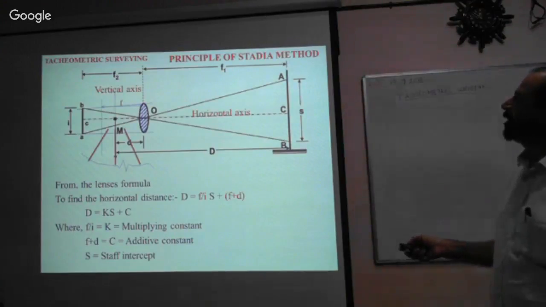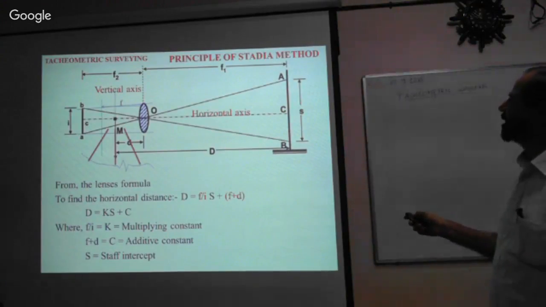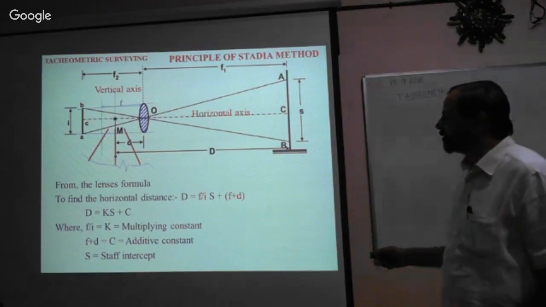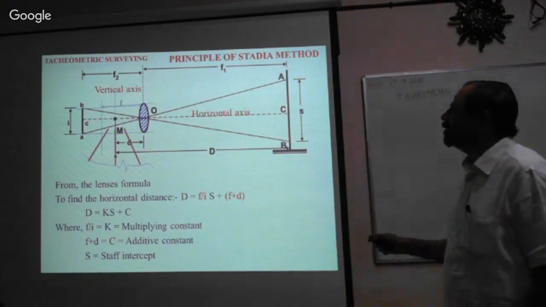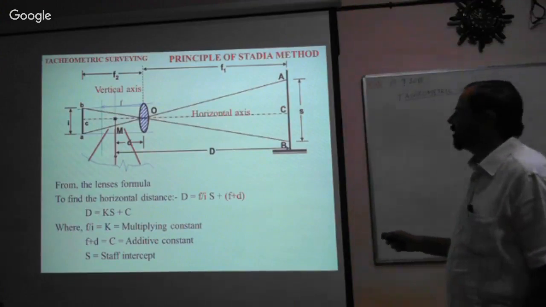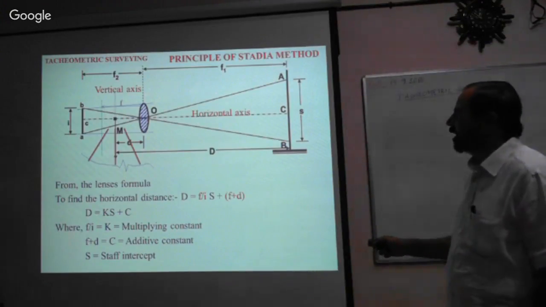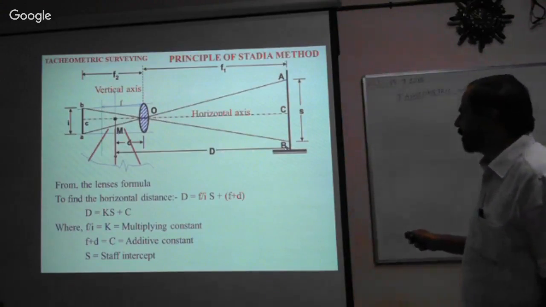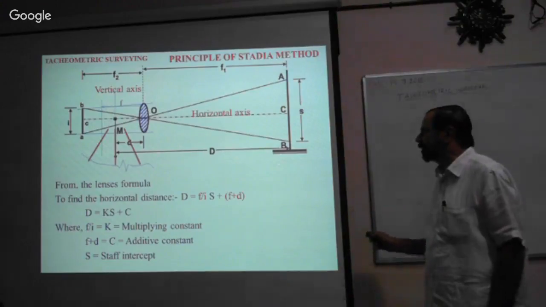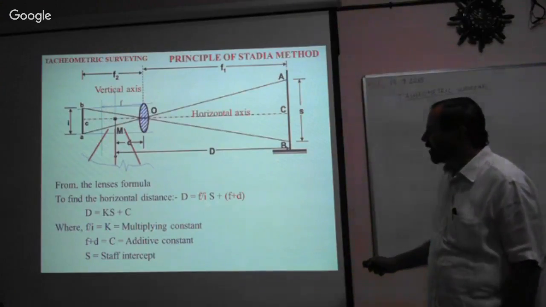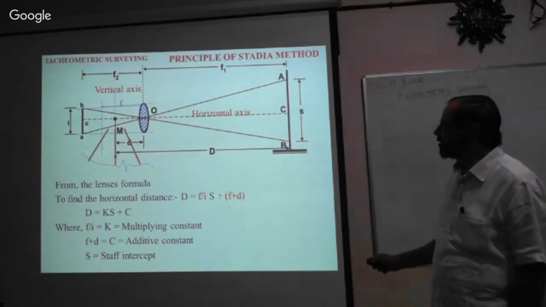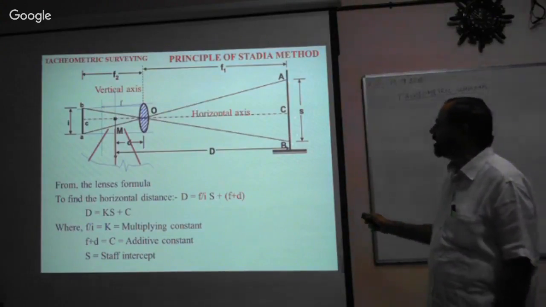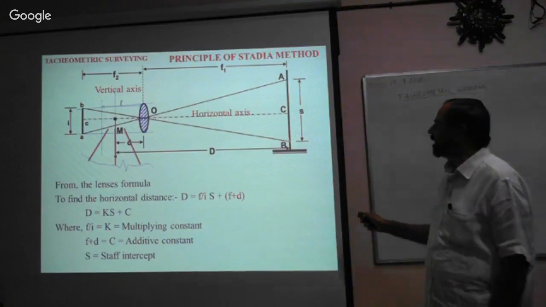Now this is from the principles of the stadia method. Yesterday in the class we discussed about this. Now to find out the horizontal distance, from the length formula, the horizontal distance D is equal to F by I into the staff intercept, that is the difference between the top hair reading and the bottom hair reading.